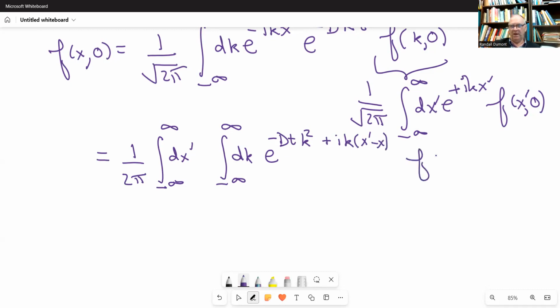And then finally we have f of x primed, 0. So we're going to write this in this form. Call this g of x. Actually, I want to call it g of x minus x primed.